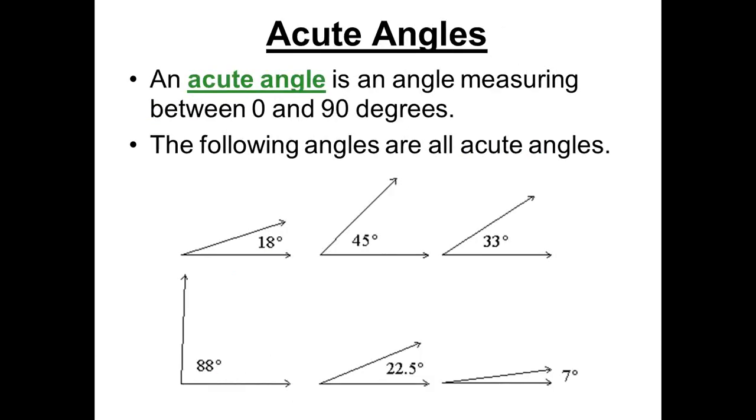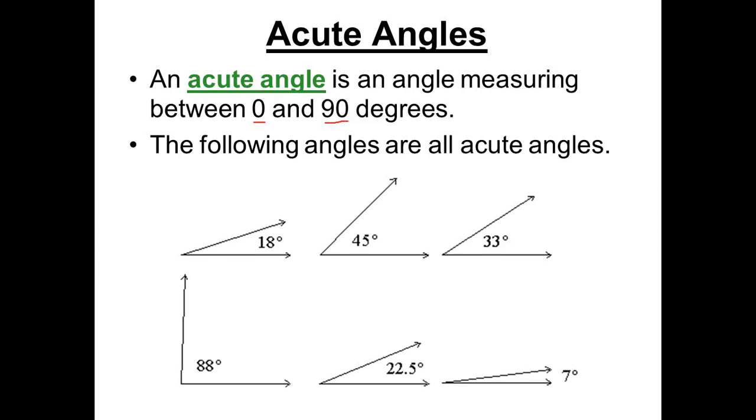Let's see. So first of all, an acute angle is an angle measuring between 0 and 90 degrees, but not 90 degrees. But is it 90? No. The following angles are all acute angles.